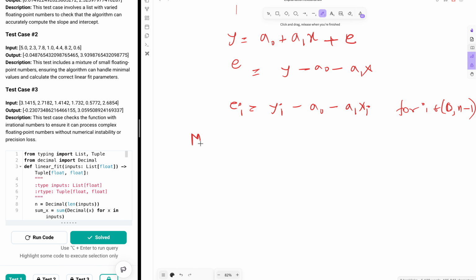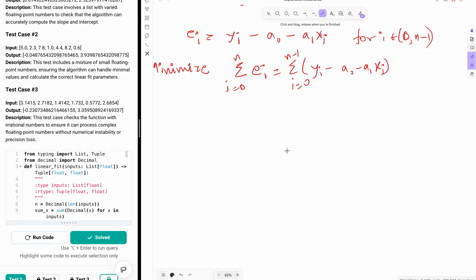And what we are trying to do is minimize our summation of e_i for i equals 1 to n, and this summation will operate on all the values of y and x as well. So this would be i equals 0 to n minus 1. And for general purpose this will work.